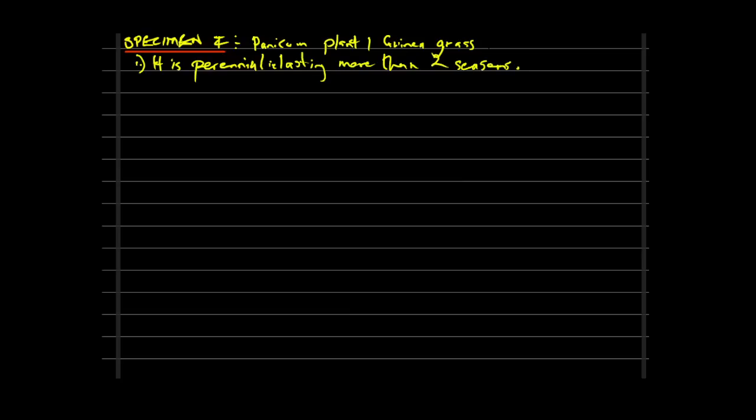That's its life cycle. And then the seeds are oval in shape. The seeds are oval, wrinkled, with light green.